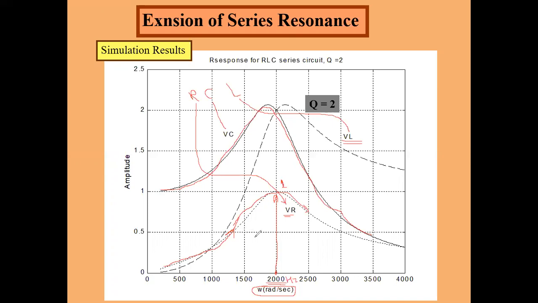The voltage across the resistance is 1 volt when the circuit is in resonance. But after that, when we increase the supply frequency through the circuit, the voltage across the resistance decreases, and lastly it reaches toward a value that is not quite zero, about 0.3 or 0.4.